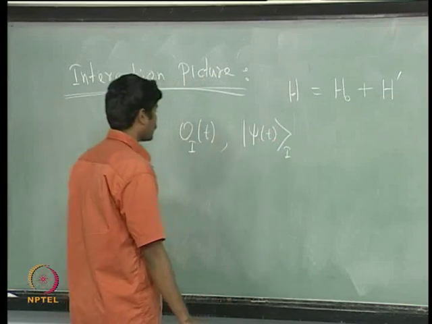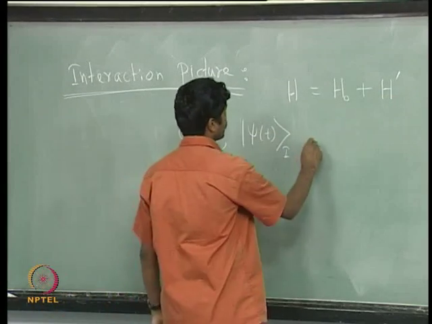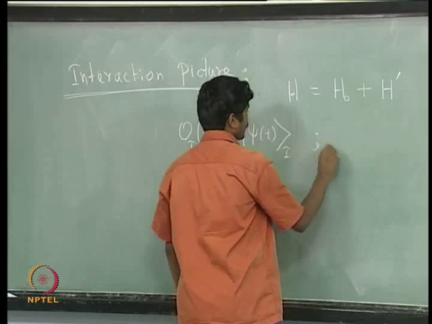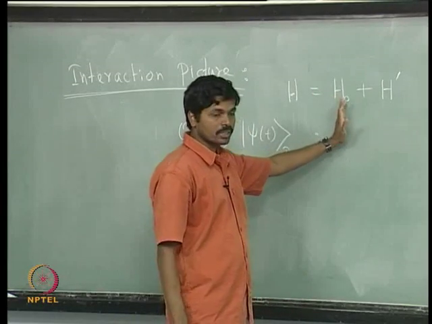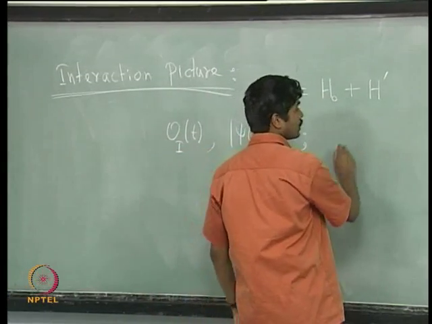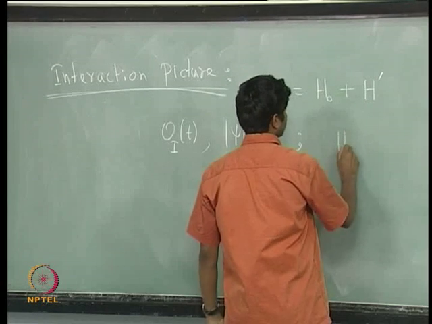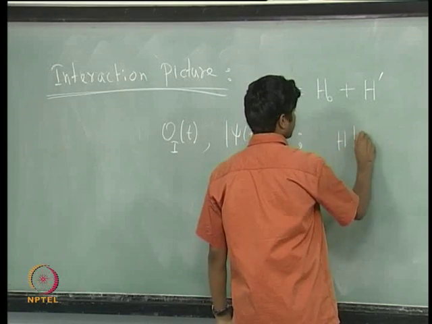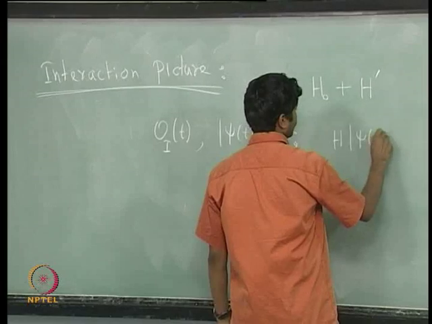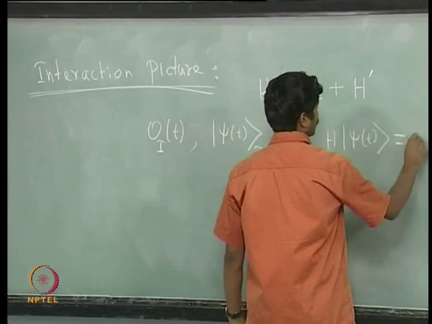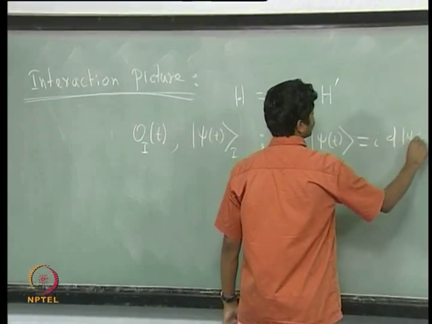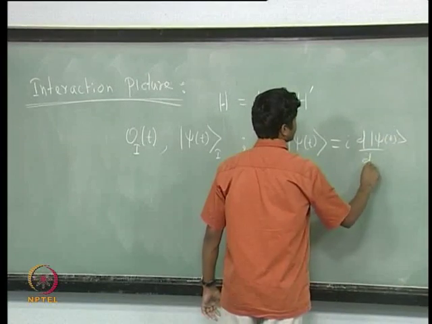So, how is that consistent? Let us say you are in the Schrodinger picture, you know the Schrodinger equation of motion: it is the full Hamiltonian H acting on psi equal to i d psi over dt.